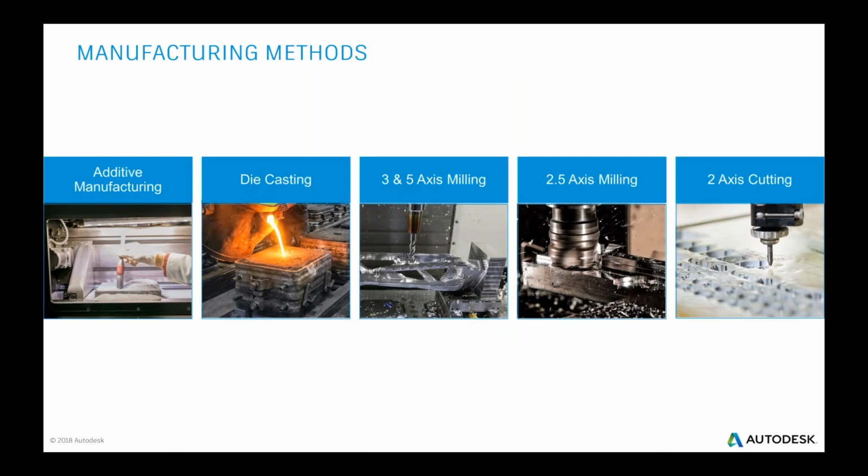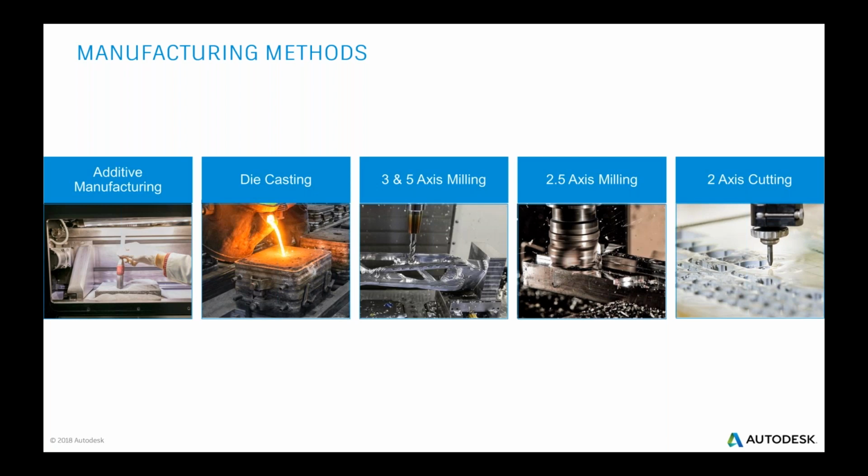When we talk about the manufacturing methods, Mike mentioned a little bit of this. We are manufacturing aware, so we're not just producing an unrestricted design, the lightest weight or most intricate part we can design that meets those loads.